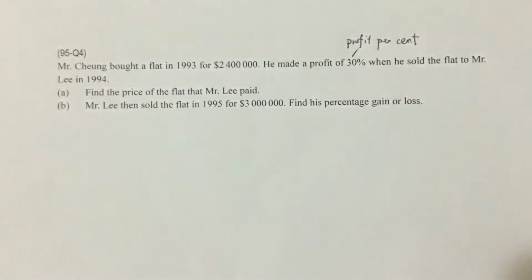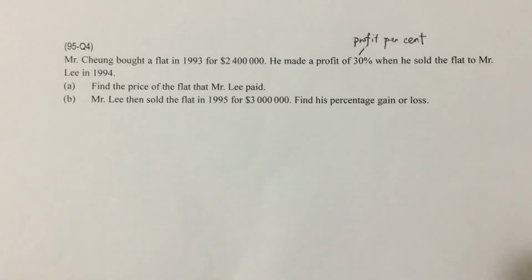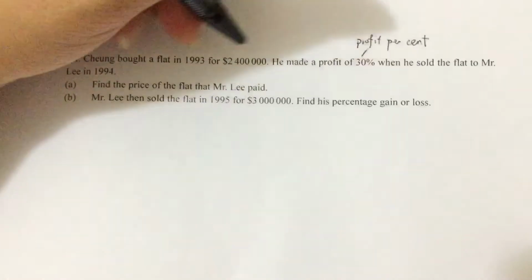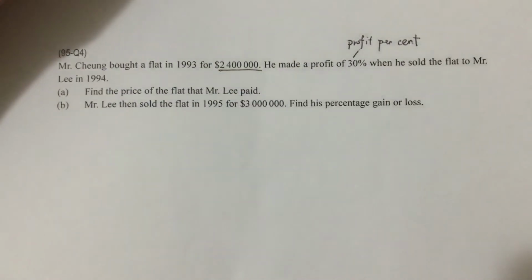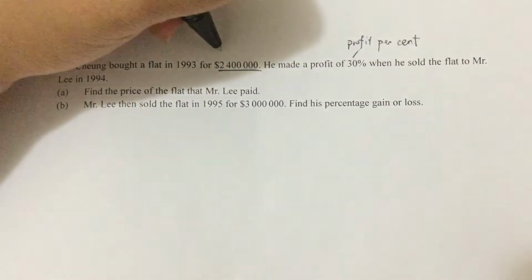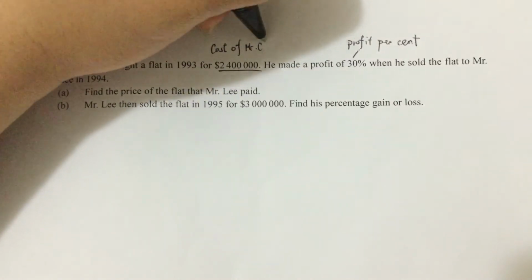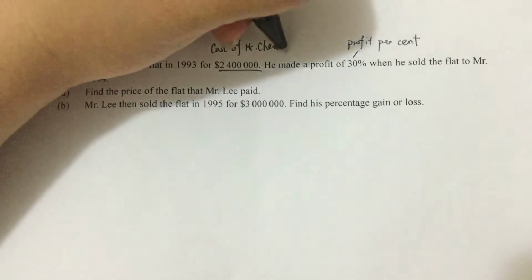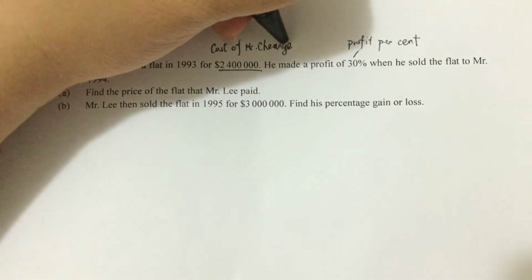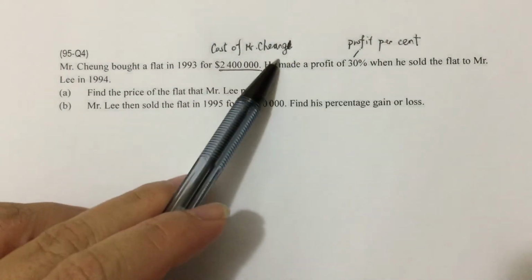If we are going to calculate the profit percent, that means we need to know the cost or the selling price. Obviously, $2,400,000 is the cost of Mr. Zheng.